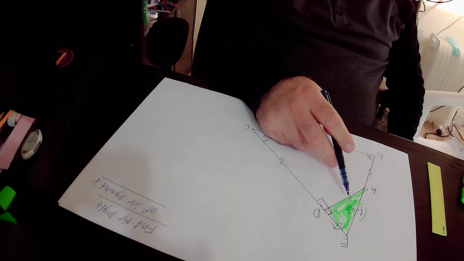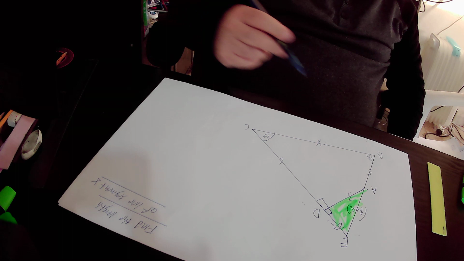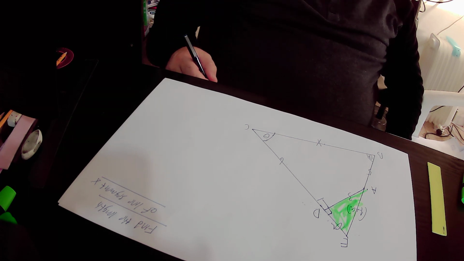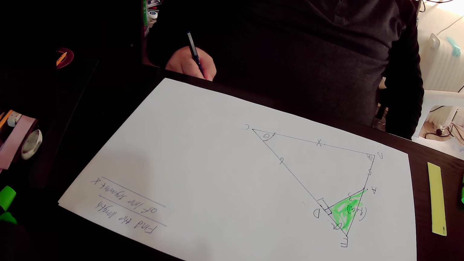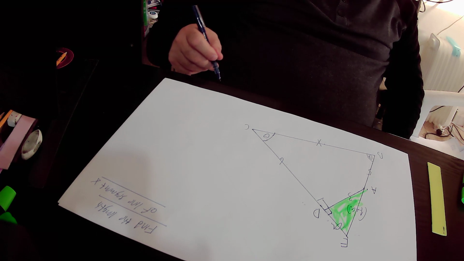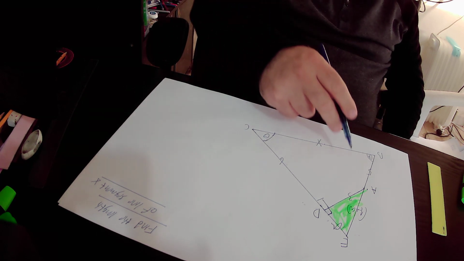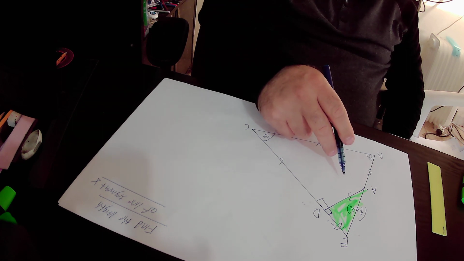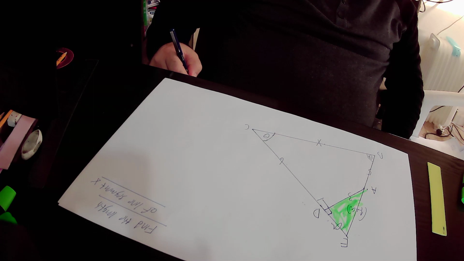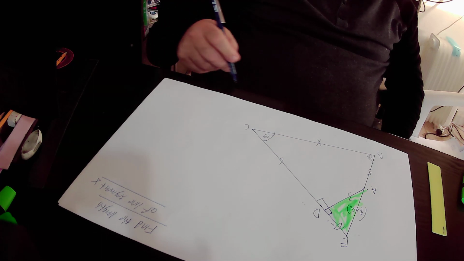AE equals 1 plus A, therefore AE squared will be equal to (1 plus A) squared. And it is equal to AD squared. AD is 3, so AD squared is 3 squared, that is 9, plus ED squared.